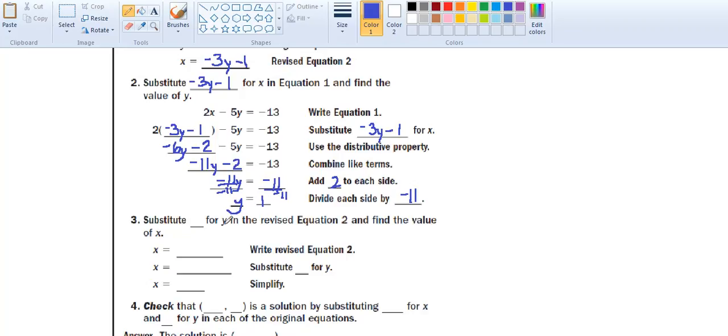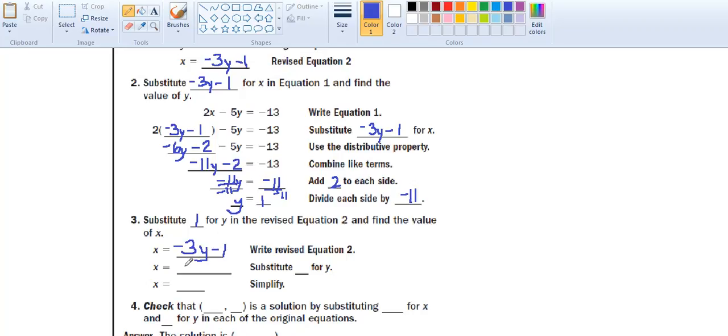Now, we think that y equals positive 1. What we're going to do is substitute that positive 1 for y in this revised equation 2. If you remember what we had for equation 2, we solved for x and got negative 3y minus 1.